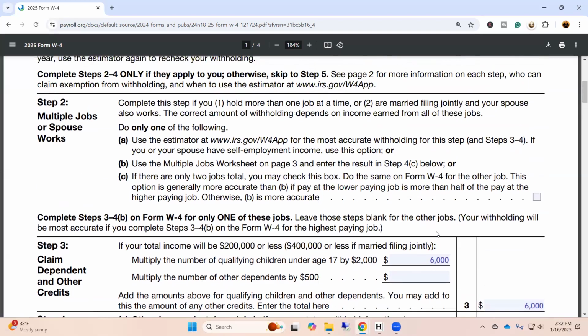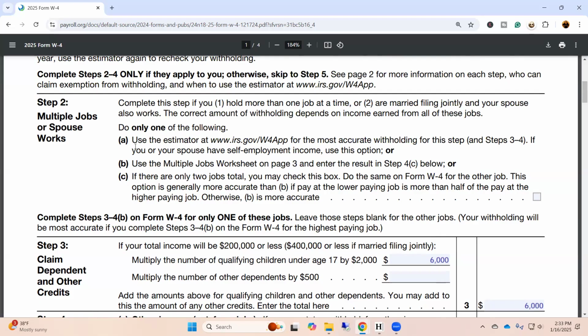Let's say that Daniel has multiple jobs. So we're going to look at step two, and one of the things that we can use to get a precise number for how much should be withheld additionally is the withholding estimator on the IRS website.